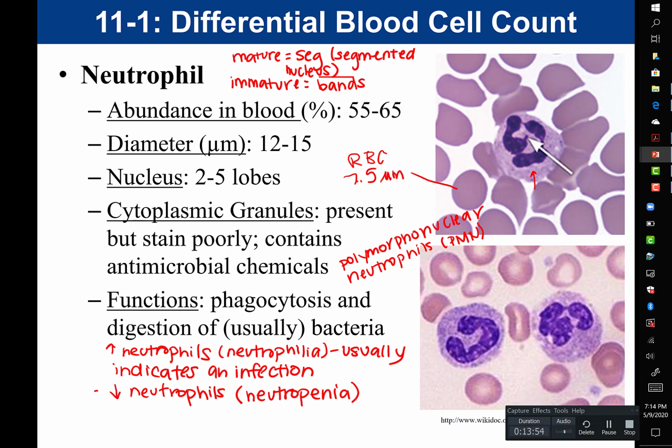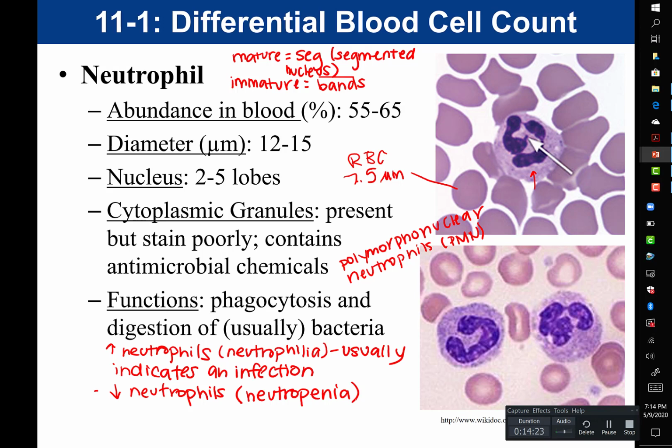An example of this would be if a patient is taking chemotherapy drugs, let's say they're undergoing treatment for cancer. Not all cancer treatments are very targeted, meaning they might not only affect cancer cells, but they might affect other actively dividing cells. Blood cells are constantly turning over.